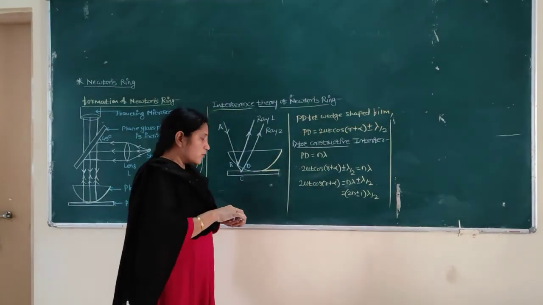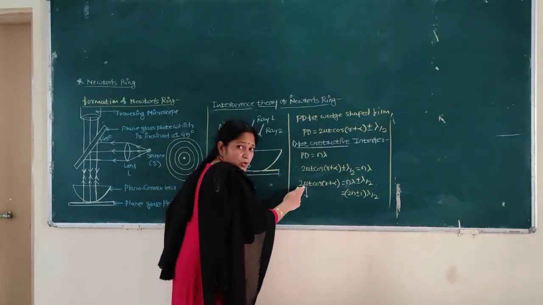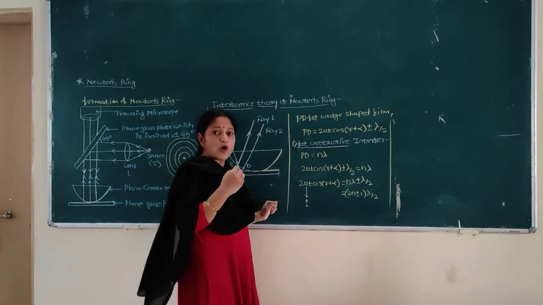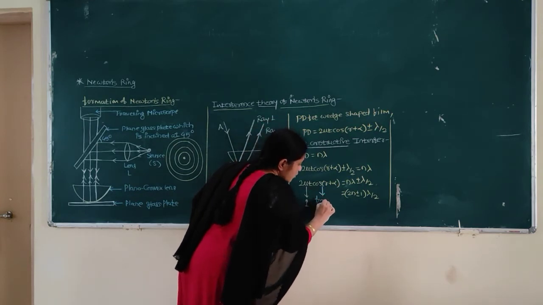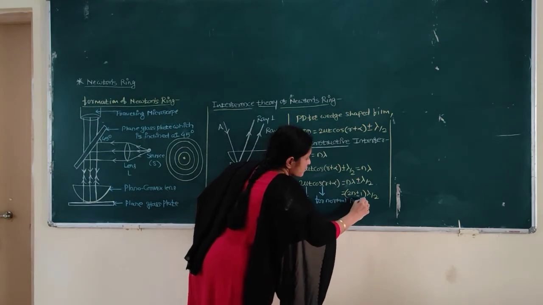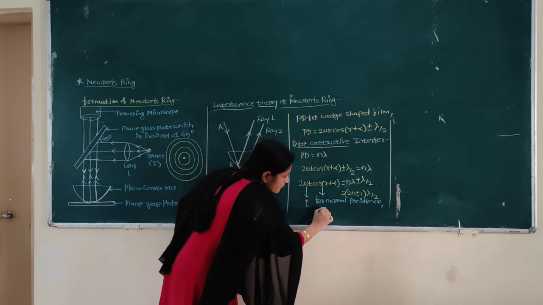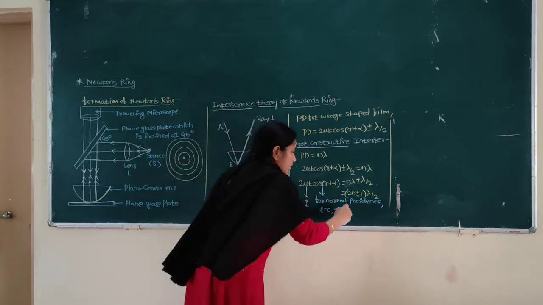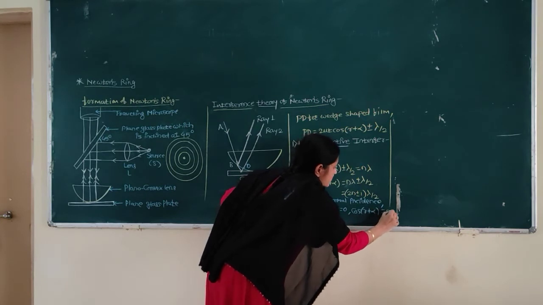Now we know that for air medium the value of mu, the refractive index of air, is 1. And for normal incidence, r is equal to 0 and alpha is equal to 0, and therefore the term cos of (r plus alpha) is cos 0, which is 1.